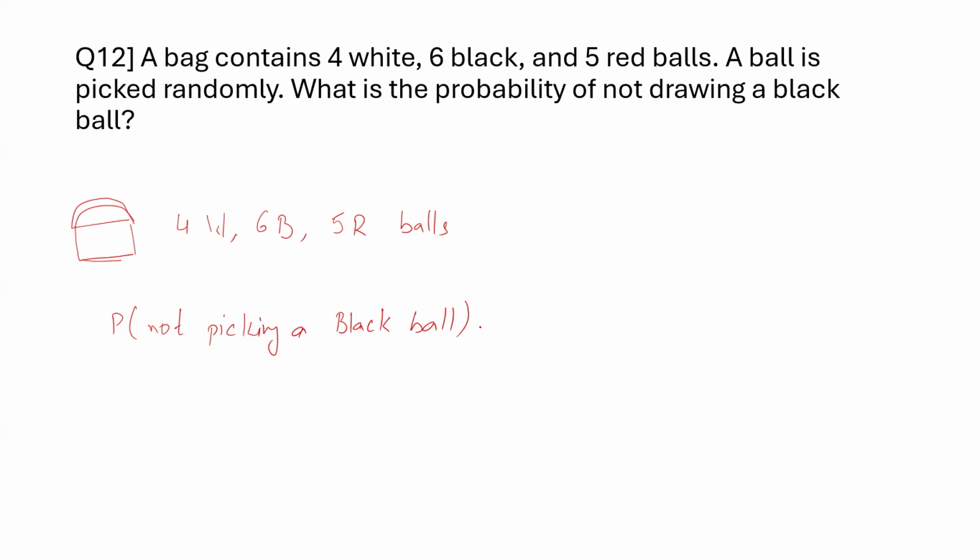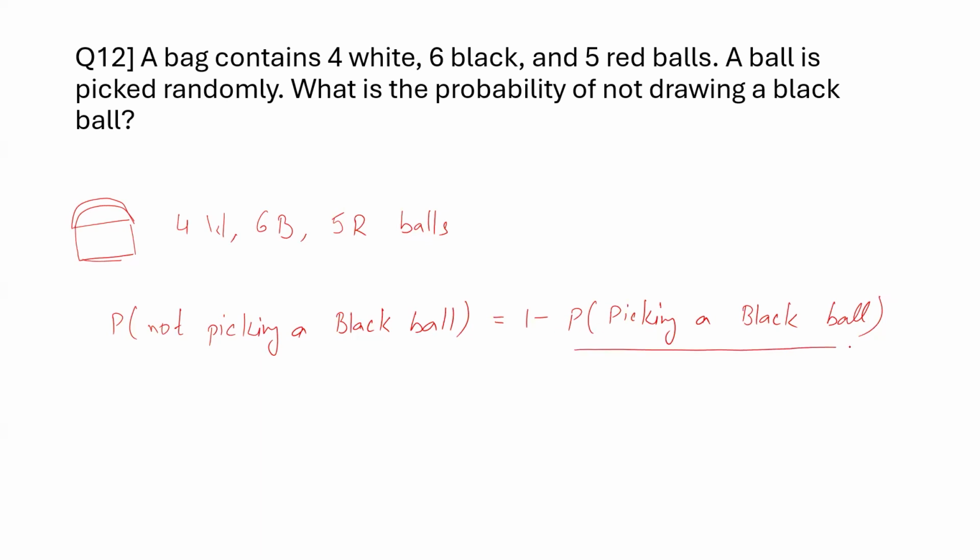Can you understand this concept that not picking a black ball is the same as 1 minus the probability of picking a black ball, because total probability can go till 1. Maximum probability could be 1. Not picking a black ball is the complement rule, the same thing as 1 minus picking a black ball.